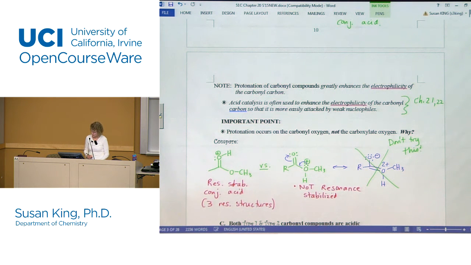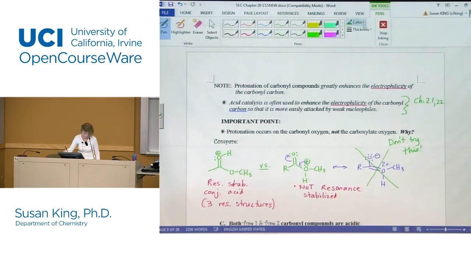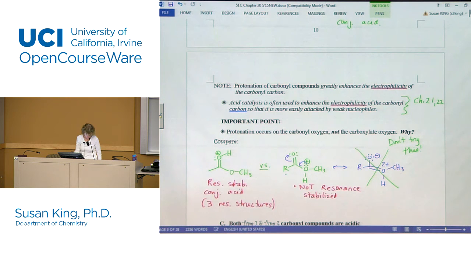All right, and the other thing is that we also know that the carbonyl is electron withdrawing. You remember from chapter 18 that carbonyl compounds bonded directly to the aromatic ring were electron withdrawing groups, and so it turns out that the inductive effect of the carbonyl is destabilizing.